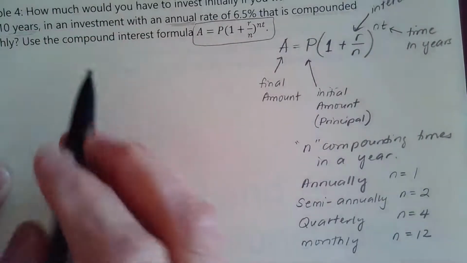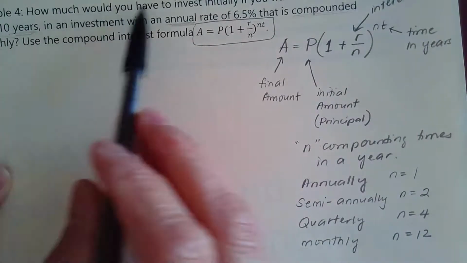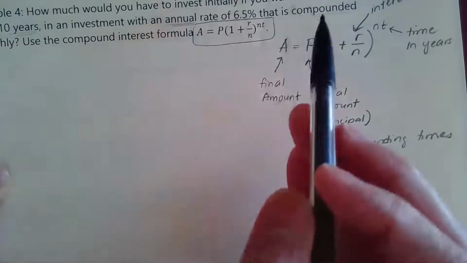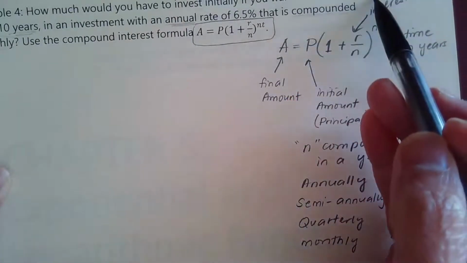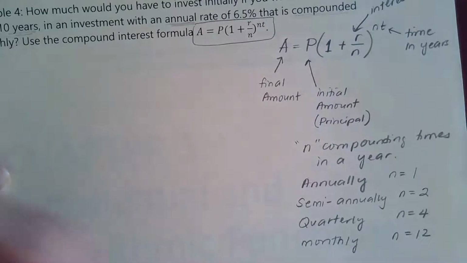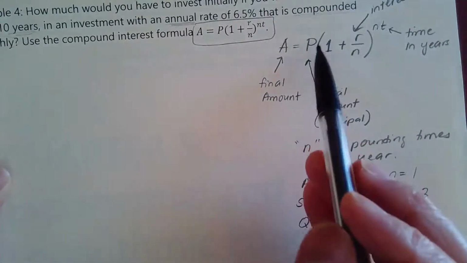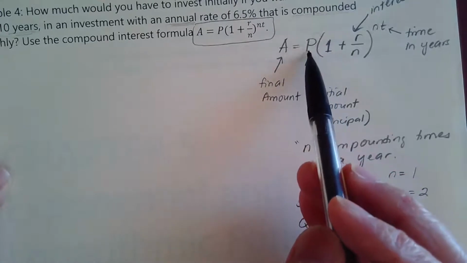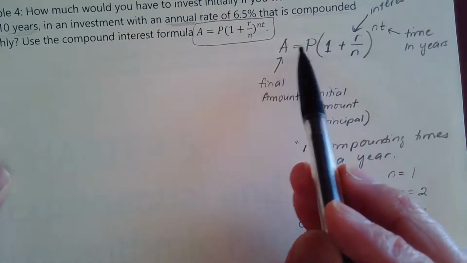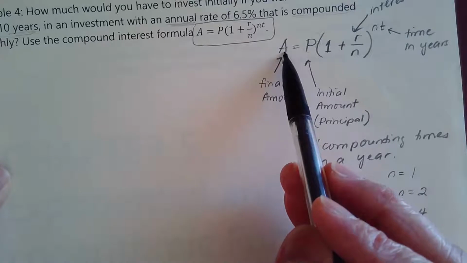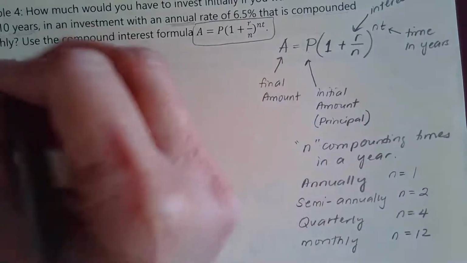See here, how much would you have to invest if you want to have in the future 5,000 after 10 years? So in this particular case, we don't know how much we have to invest. We don't know what the P value is, but we know we want at the end to have $5,000.